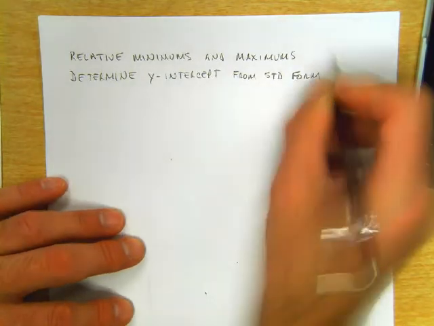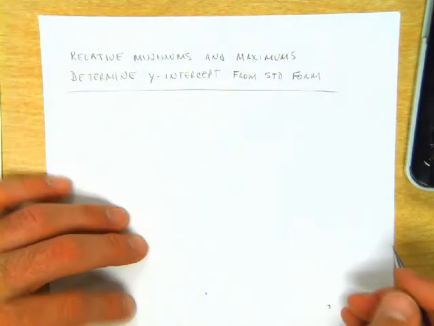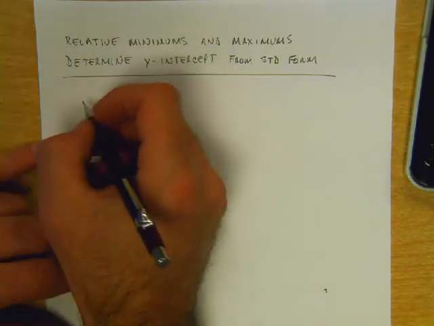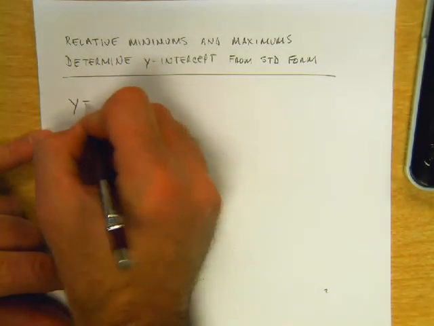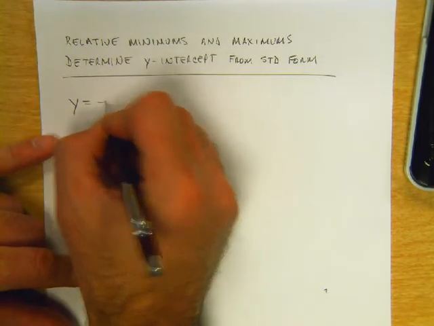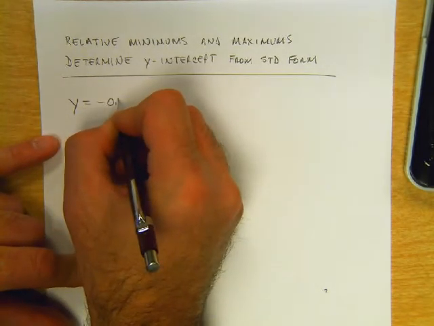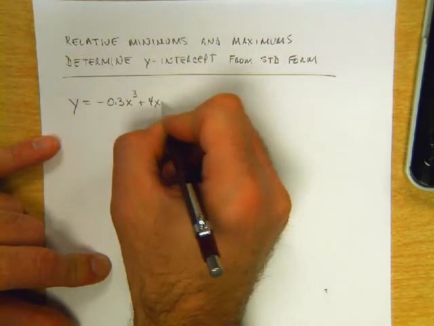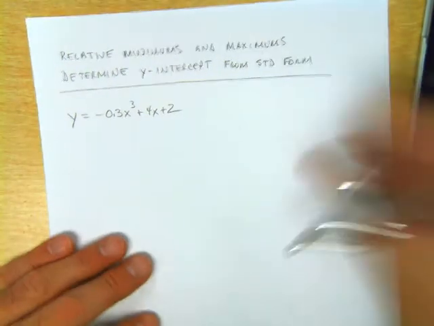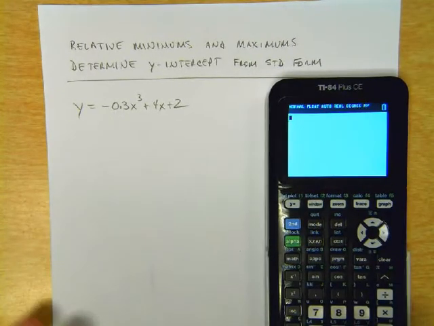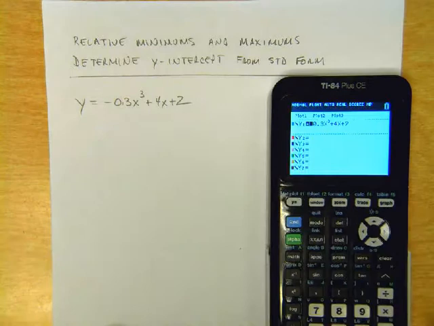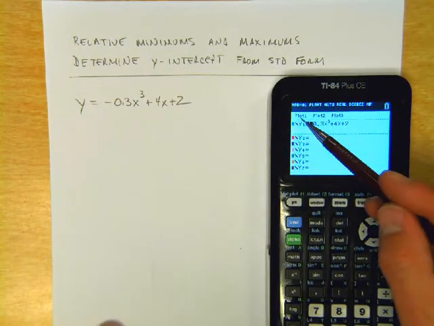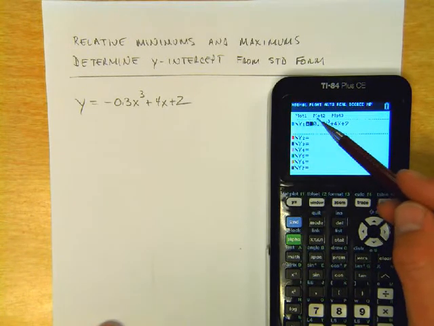And we're going to start learning to do this by, on our calculator, graphing the following equation: y equals negative 0.3x cubed plus 4x plus 2. So if you turn on your calculator and you go to y equals, you can enter the equation and then make sure that your plots are all not highlighted. Make sure they're turned off.